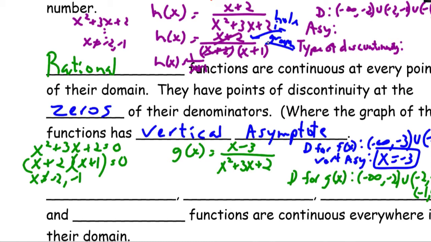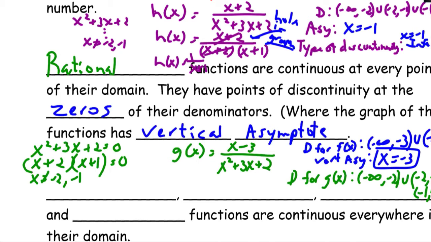So my asymptote is only at x equals negative 1. But I have 2 types of discontinuity. At x equals negative 1, what's my discontinuity? Okay, that's the asymptote. So that's infinite discontinuity. At the hole in the graph, what type is that?